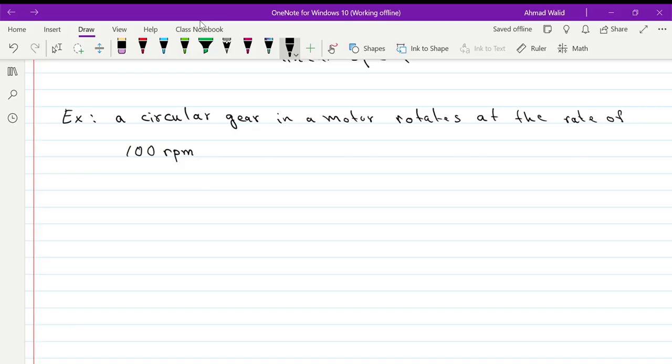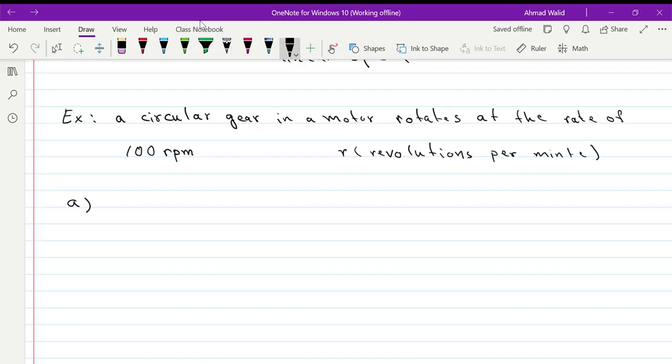Correct? You can translate your R as revolutions. RPM, revolutions per minute. If you take a physics class, you will see a lot of these units. Revolutions per minute means how many rotations per minute.